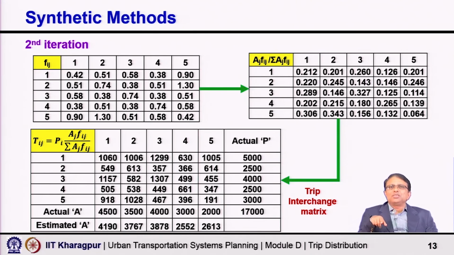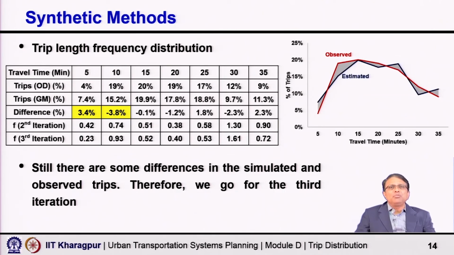Here again the productions will match automatically because it is a singly constrained model. Again you calculate how many trips within 5 minutes, how many trips within 10 minutes and so on, and then the percentage of trips considering the total trips. Now, the model is predicting with the revised Fij value with respect to various travel times.